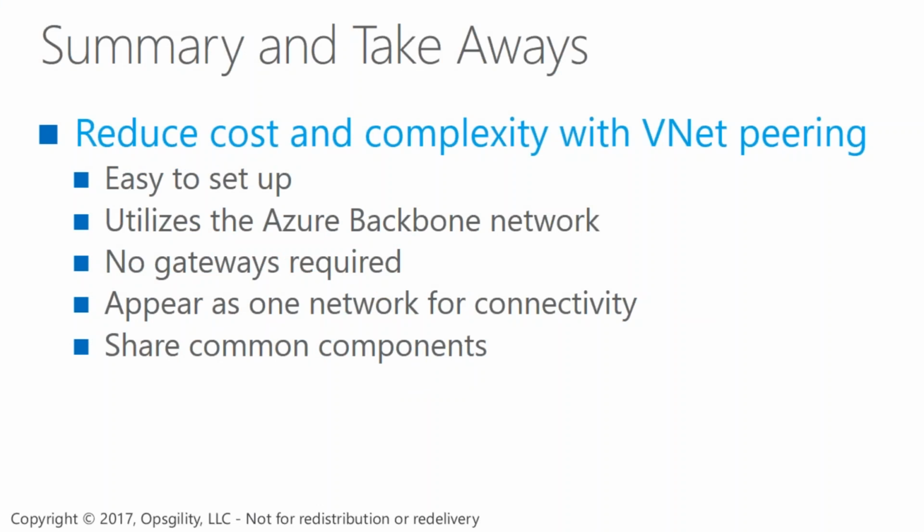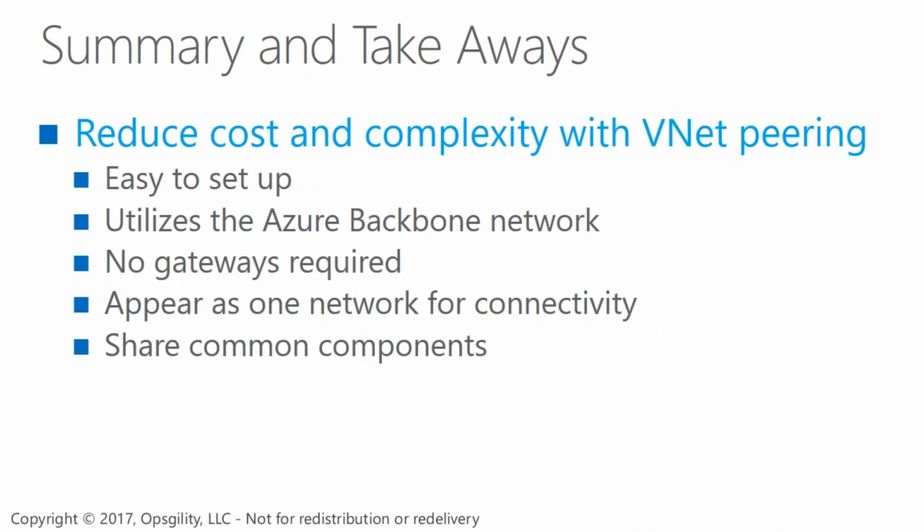By way of summary and takeaways, one of the great things about peering is the ability to reduce cost and complexity. You remember seeing what I showed a bit earlier, that when we're peering between VNets, we can really share a lot of the infrastructure and reduce complexity and cost. You saw that it's super easy to set up, and it also leverages the Azure backbone, so the connection is very fast.